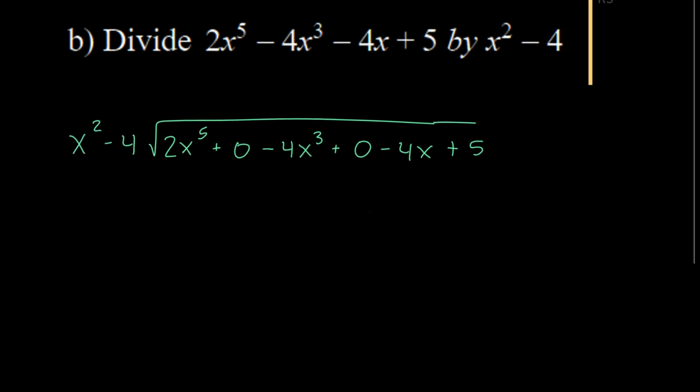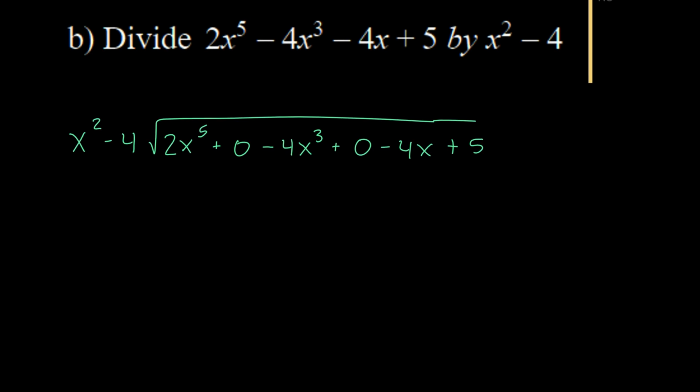All right. How do I start it? You ask yourself, what times x squared will give you that first term, 2x to the 5th? 2x cubed. And then what do I do with that 2x cubed?